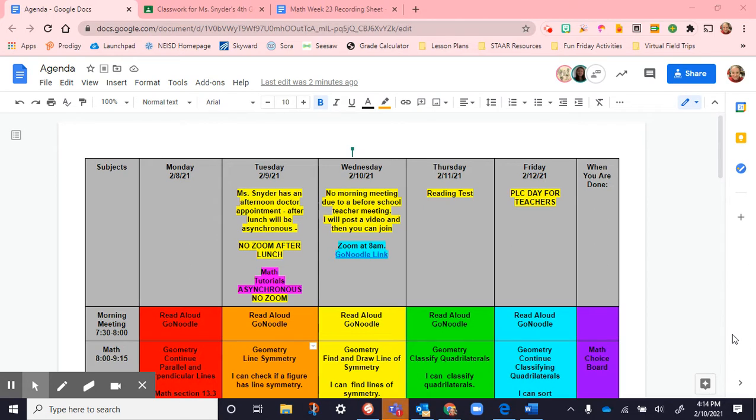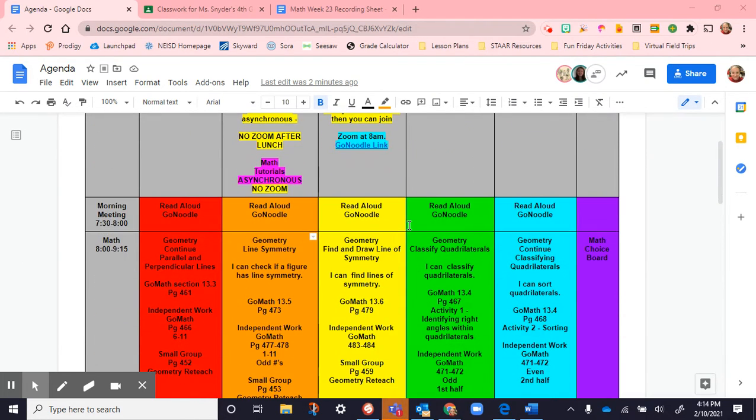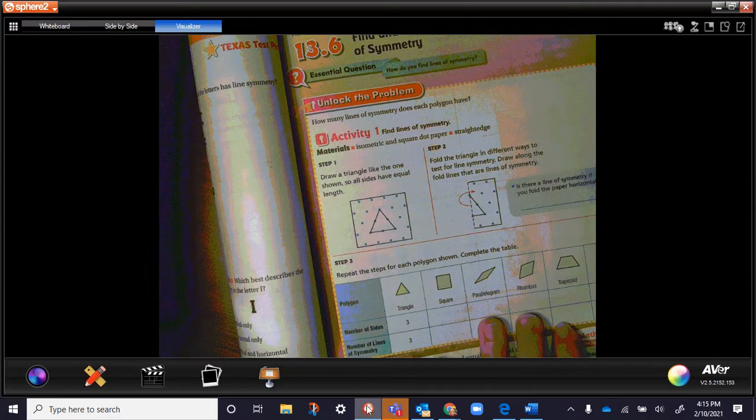Okay, for Wednesday, let's see here, page 479. So we continued, and now on 479 we're drawing our own lines and finding our own. 479 starts off with 13.6.